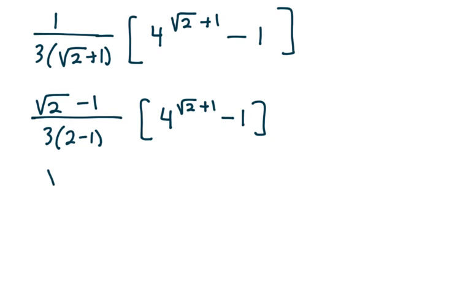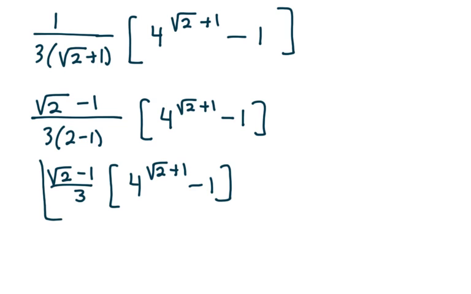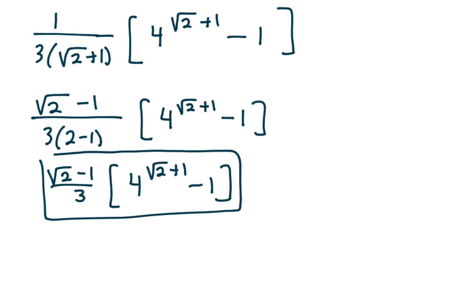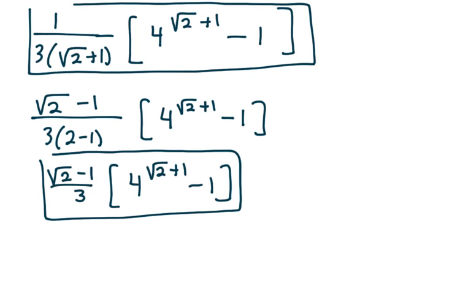That's just going to be square root of 2 minus 1 divided by 3 times (4 to the square root of 2 plus 1 minus 1). So it's going to be this line if they want the denominator rationalized, or the first line, depending on how your instructor wants you to express your answer.